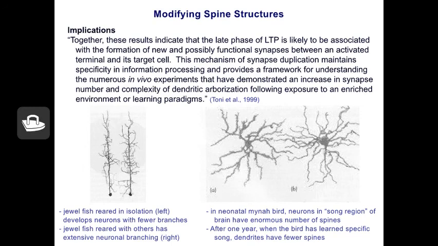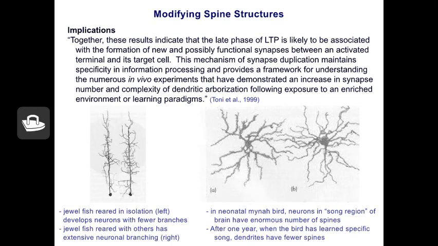However, the problem with this conclusion is that environmental enrichment and some forms of learning appear to result in increases in dendritic arborization, not just new spines on single dendrites. And this is illustrated in the figure on the left.